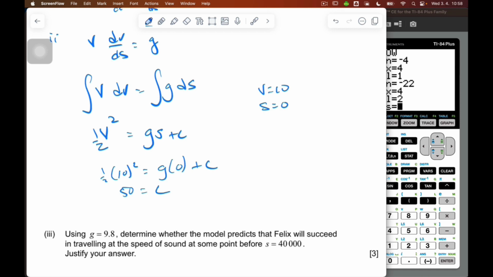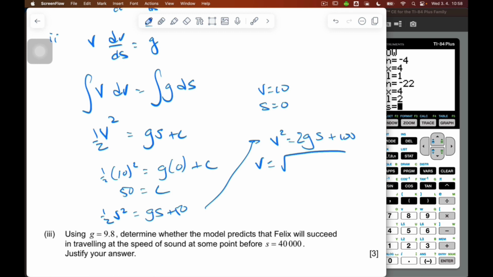Overall, 1/2 v squared is equal to gs plus 50, which in turn says v squared is equal to 2gs plus 100. If I square root it, I end up with v equals the square root of 2gs plus 100, using separable differential equations.